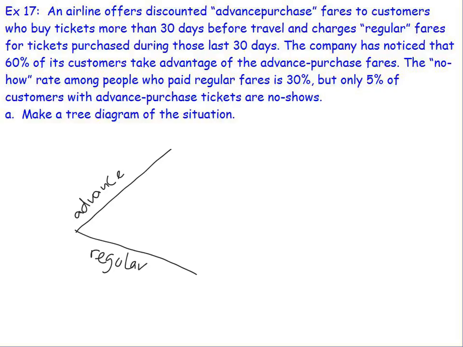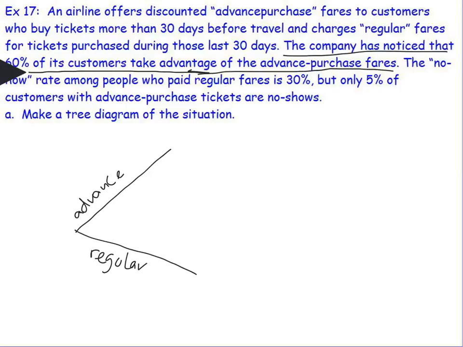What percent buy advanced purchases? Well, if we go back, it says the company has noticed that 60% of its customers take advantage of the advanced purchase fares. So I'm going to put a 0.6 here.